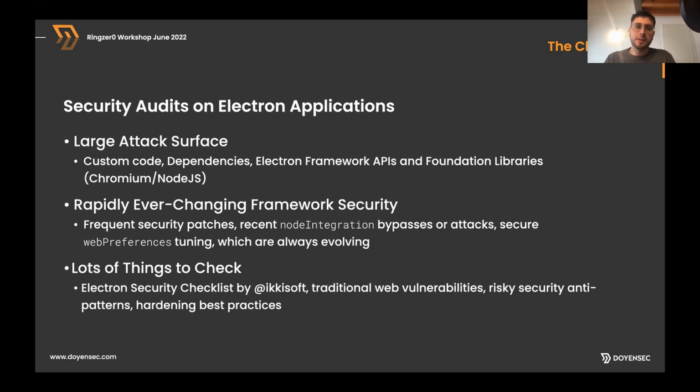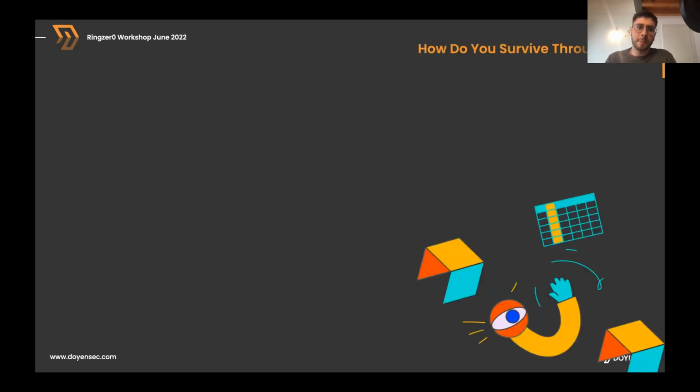This is because we have to take note of the risks that are traditionally associated with the browser security model, or with traditional web security, but also the common Node.js vulnerabilities, and other unique challenges and risks that are specific to the native APIs of Electron.